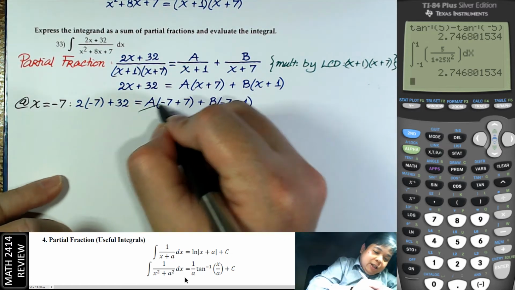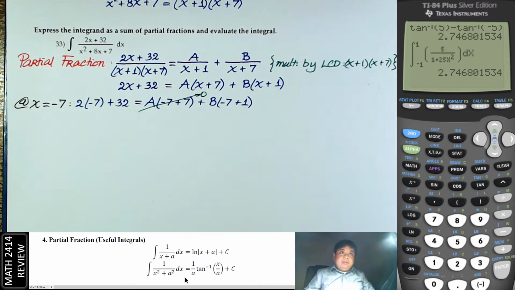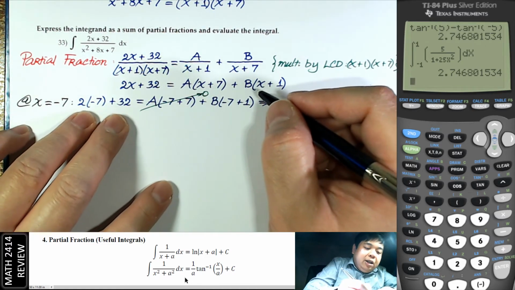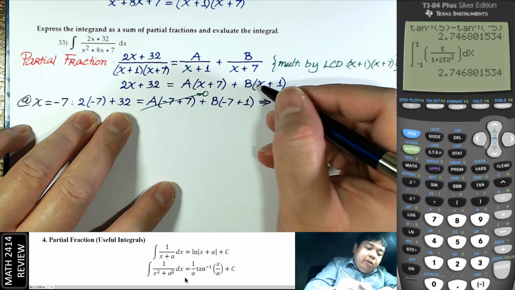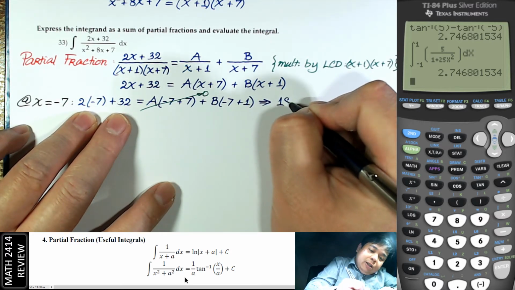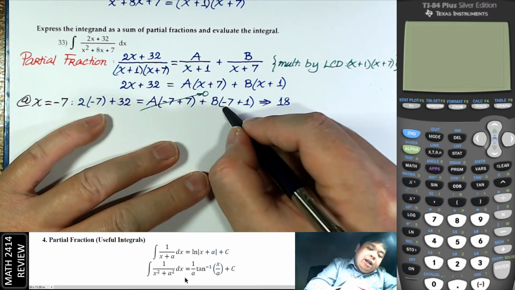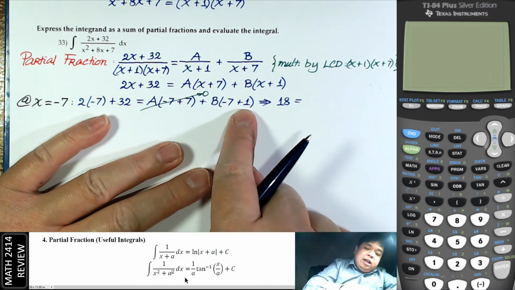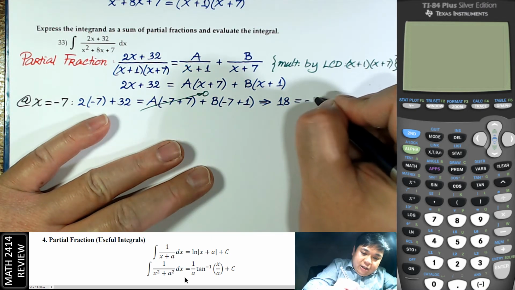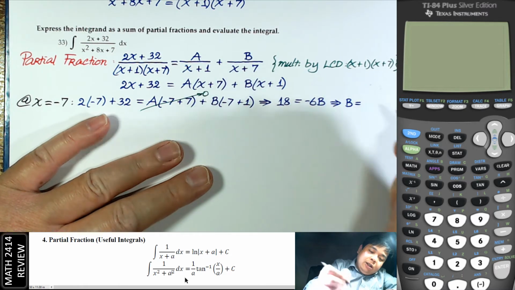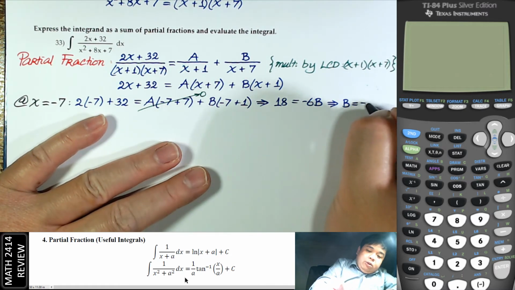That goes to 0. The left hand side is 32 minus 14, that's 18. And that gives us negative 7 plus 1, negative 6 b. So with that, b is negative 3.